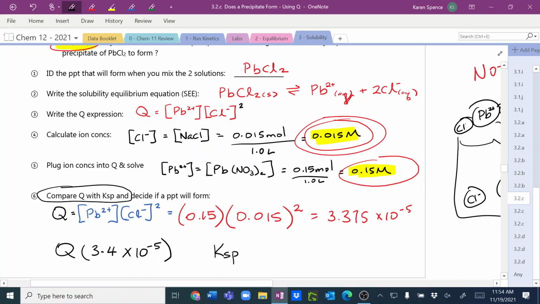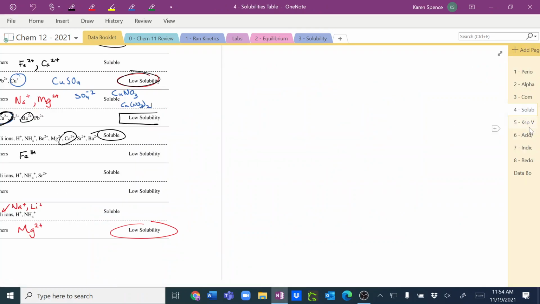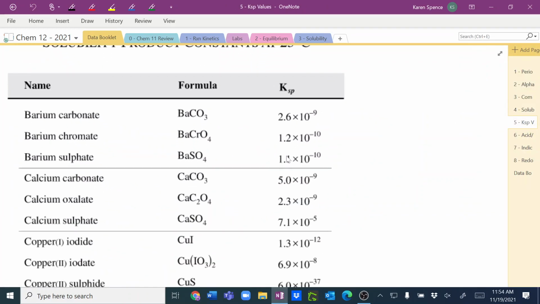KSP is not given to us in the question. Is there a place you could find the KSP value? Yes, go look in your booklet. What's the value for KSP? Well, if we go to our data booklet and we go to page 5 and we look under lead.